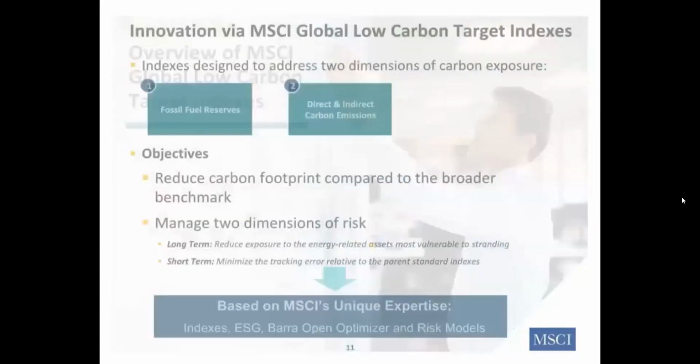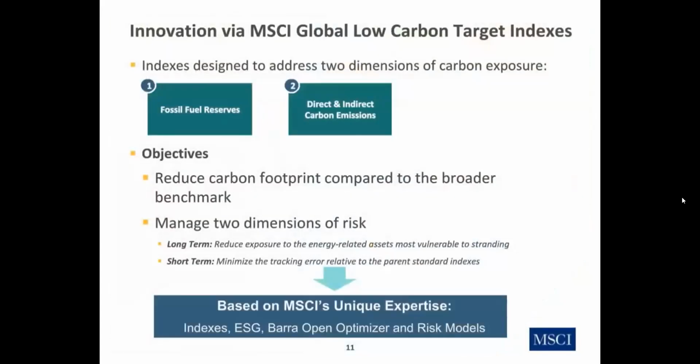These indexes seek to reduce carbon exposure along two key dimensions: fossil fuel reserves and carbon emissions. The key objectives are to reduce carbon footprint relative to the parent broad market index and reduce carbon exposure to energy-related assets most vulnerable to stranding, while also minimizing tracking error relative to the parent broad market index.